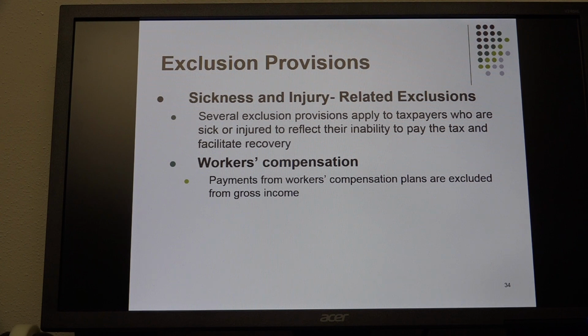Workers' comp is a benefit where the premiums are paid by the employer to cover their workers should those workers get hurt on the job.